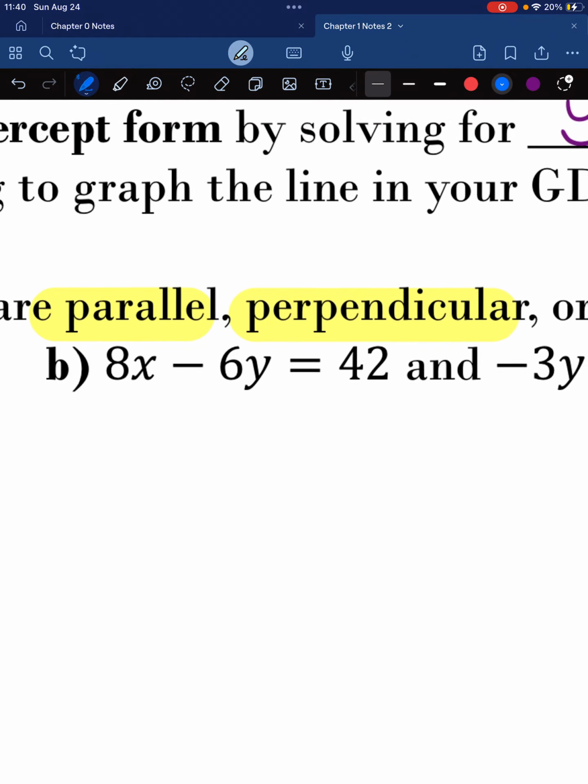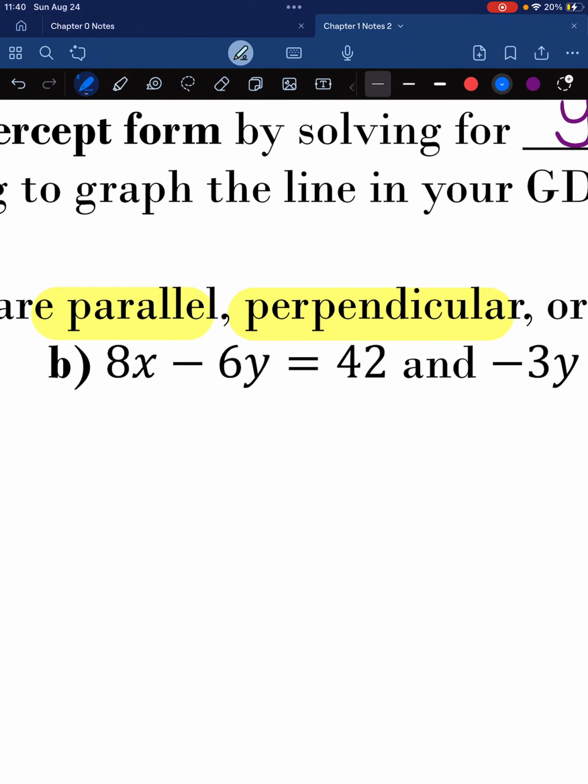Alrighty. B, let's do the same thing. We're going to isolate y so that we can easily identify what the slope is.